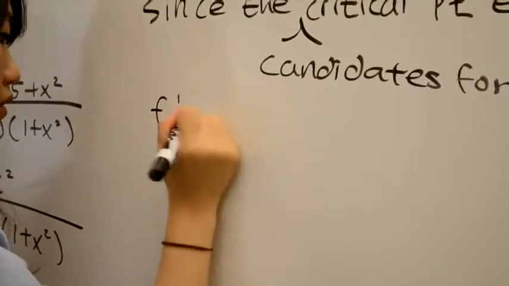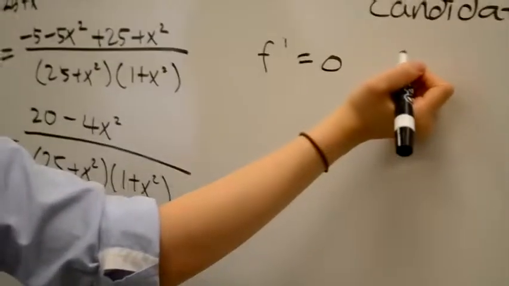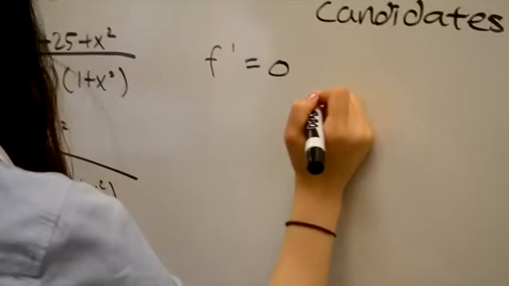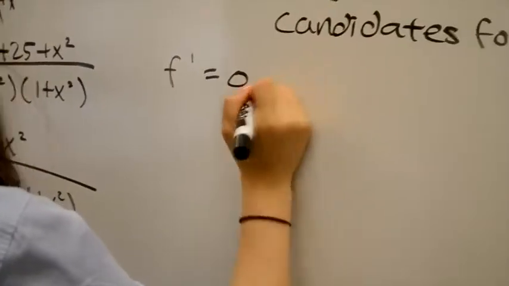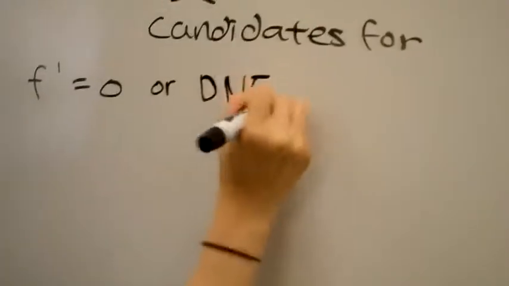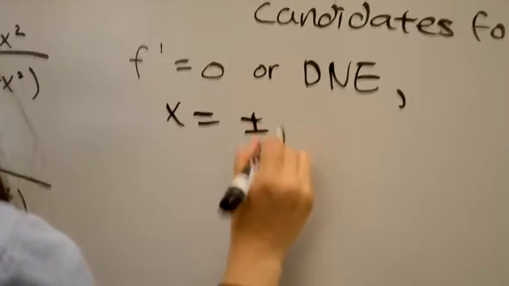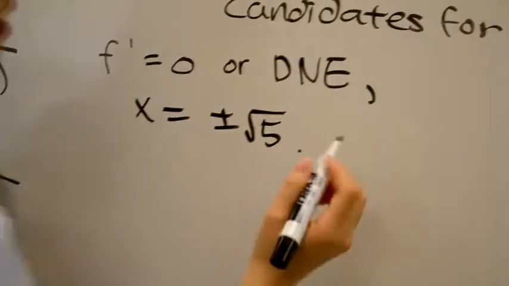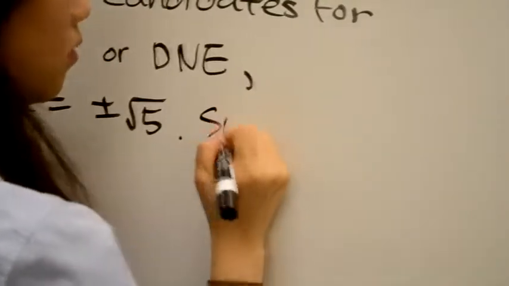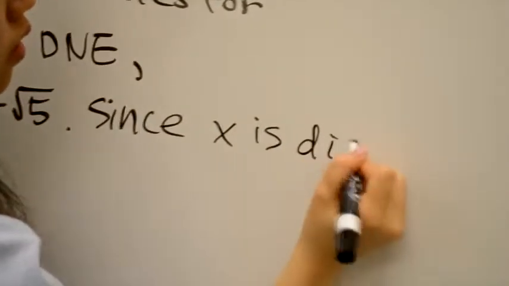As I mentioned, the candidate for the derivative is where the numerator equals 0, or where it does not exist. But in this case it always exists, because the denominator has x squared plus 1, or plus something positive.